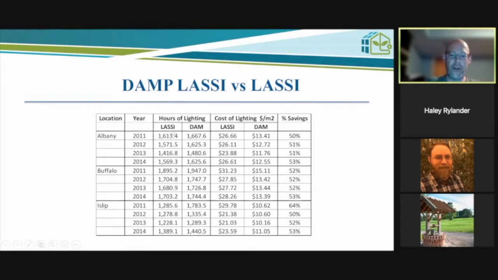One thing to notice is that the day-ahead market LASSI tends to use more hours of lighting per year than LASSI, because it is lighting earlier in the day, and there are some cases where it's overshooting a little bit. So it is using more hours of lighting.